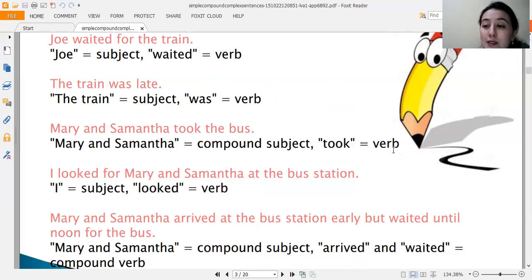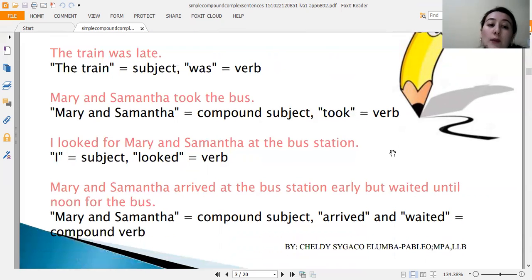This also seems like it is not a simple sentence, but it is a simple sentence because there is one subject, or one. It can be one or more, and there is one verb, looked. So, Maria and Samantha arrived at the bus station early, but waited until noon for the bus.